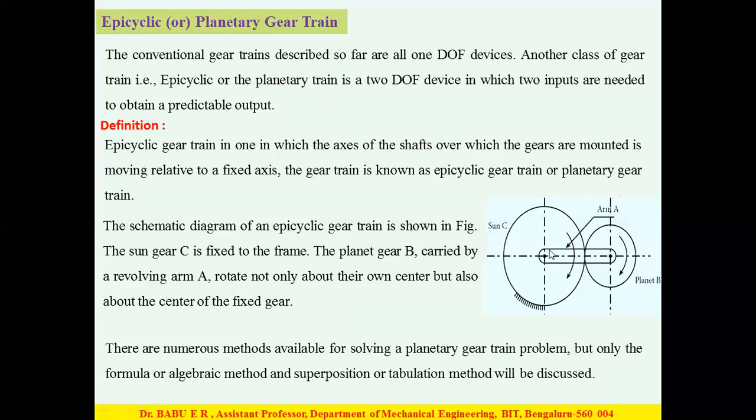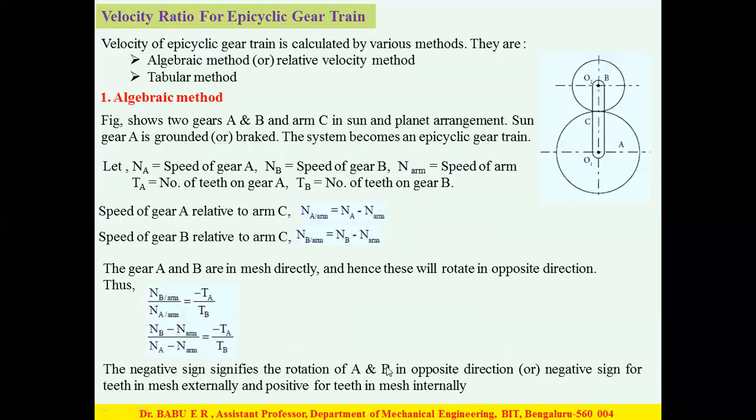But in the epicyclic gear train, those simple concepts cannot be used to evaluate the problem. It is a somewhat complex structure because it is a 2 degree of freedom device. We have many methods, but in the syllabus we use only the algebraic method or the tabular method. Now let us see how we will find the velocity ratio of the epicyclic gear train.